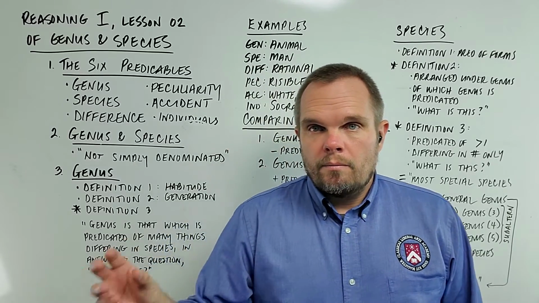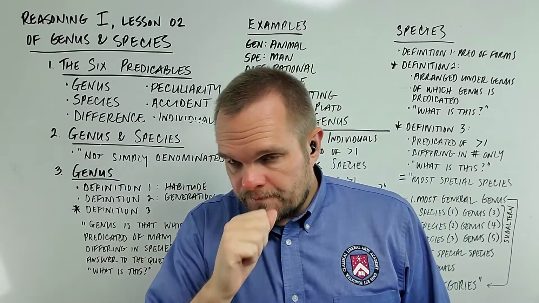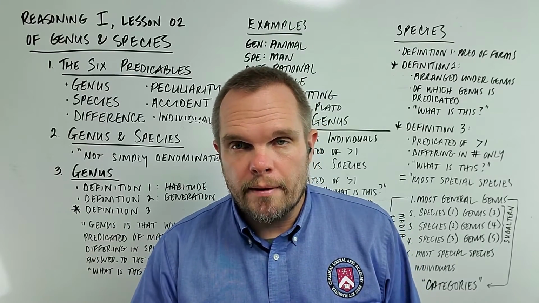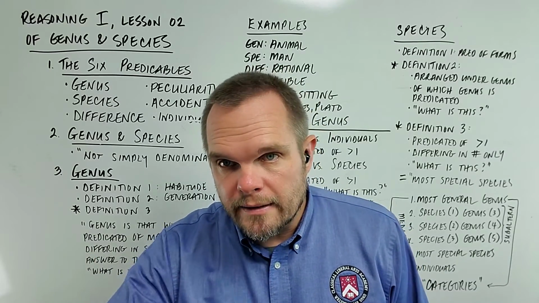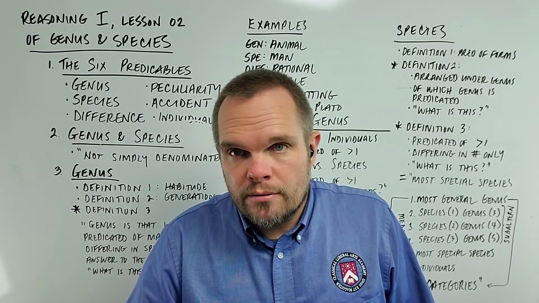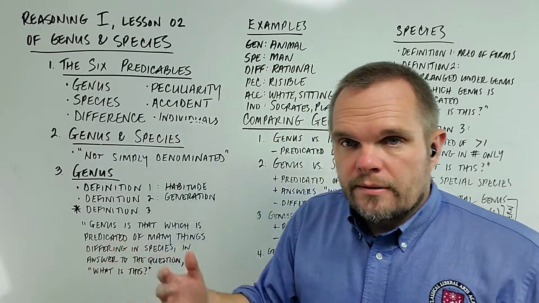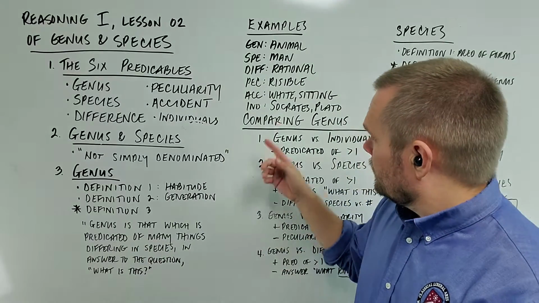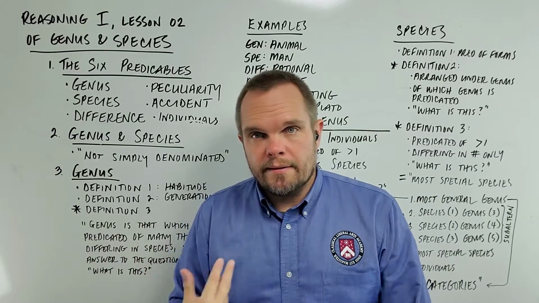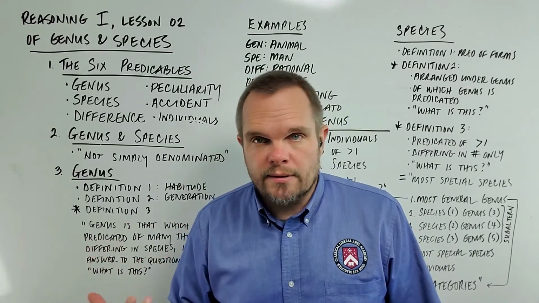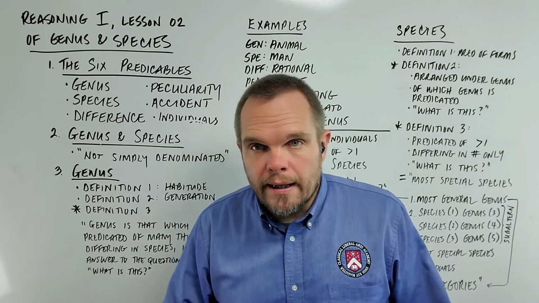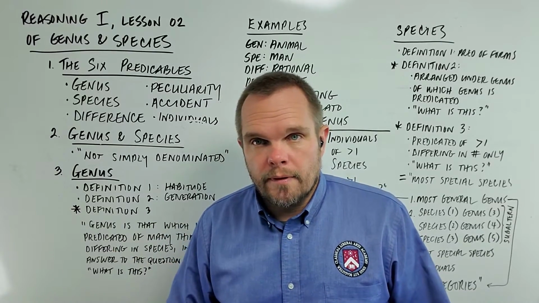Being brown is not necessary for a rabbit. It's only accidental. It's an attribute that can change. Saying that a man is white-skinned is an accident. A man does not have to have white skin. White skin does not make a man a man. Okay?